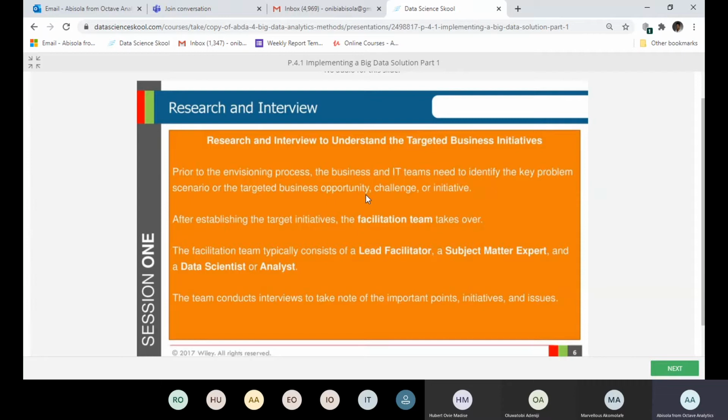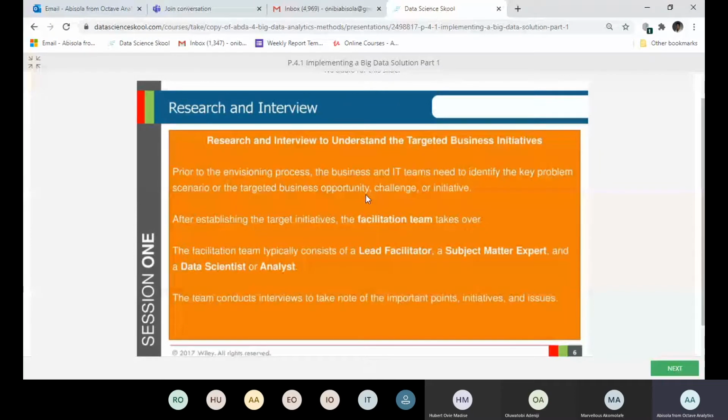Probably they have issues with satisfying their customers. So one thing you can try to do in your research phase is you want to see services and product problem areas. So you want to see the places that you're having issues with the customers, and you want to see where you lack maybe good communication with the customers and things like that. That is what you do in the research phase.